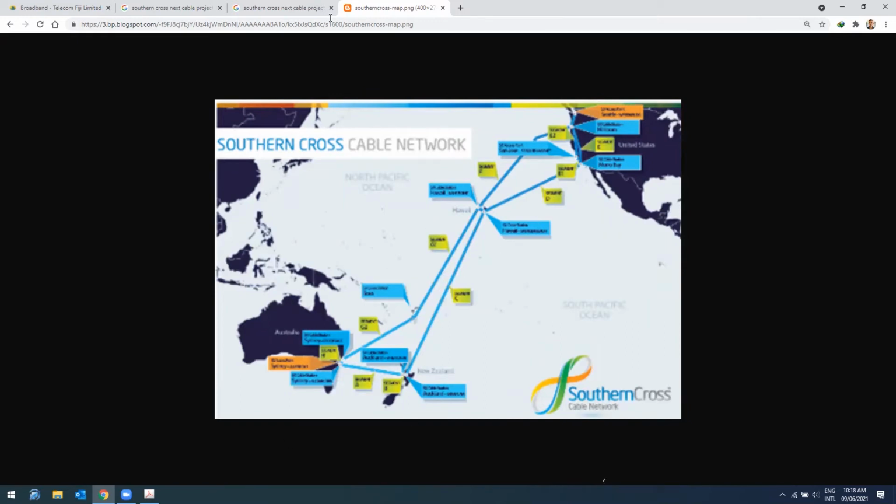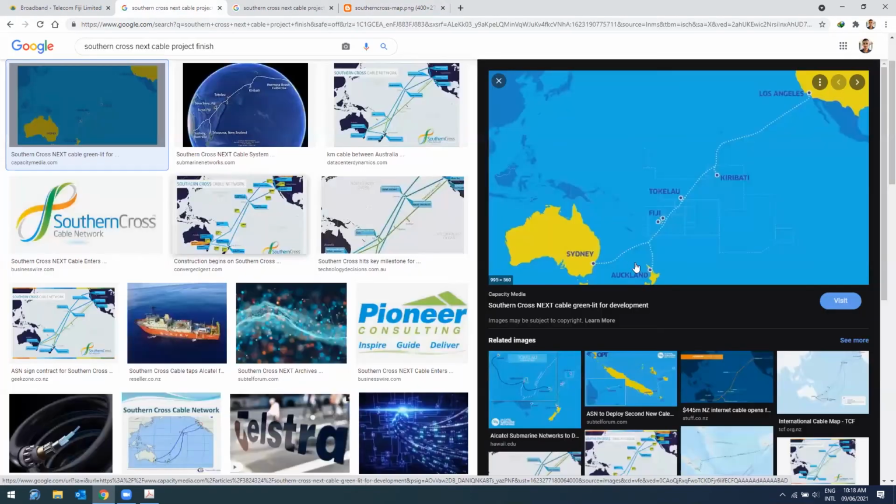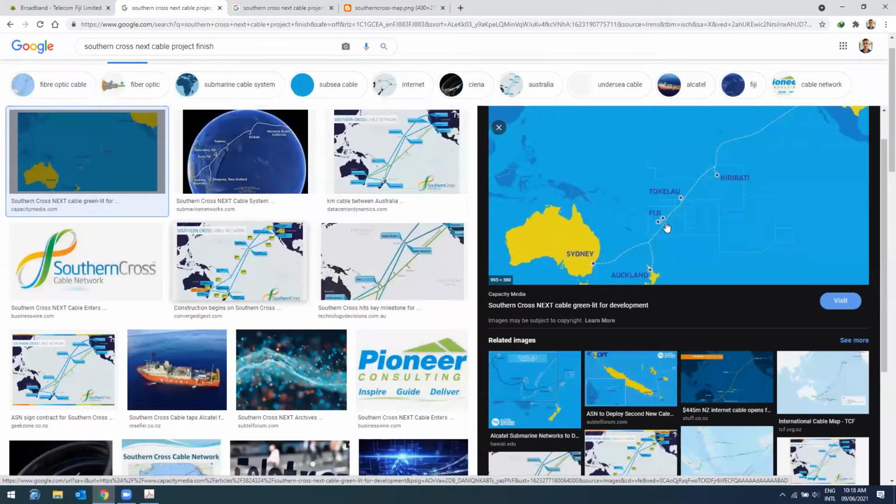And there's another cable that is running like this, coming from Los Angeles. So these are the two new nodes now connected with this cable: Tokelau and Kiribati. And in Fiji, we have 2 points. I think they're also connecting Vanuatu. So one line is going from Vanuatu, one is Viti, and going to Sydney and Auckland, right?